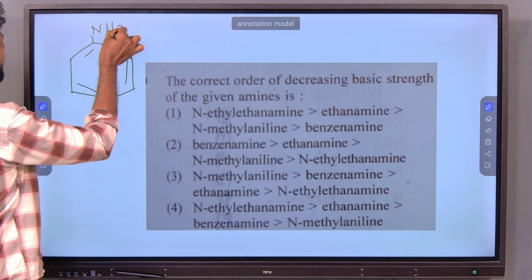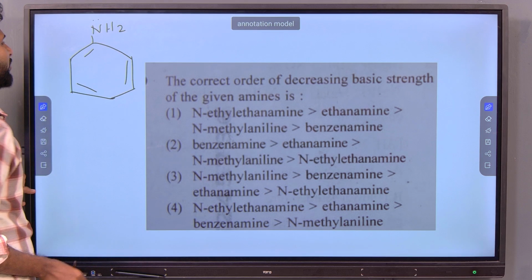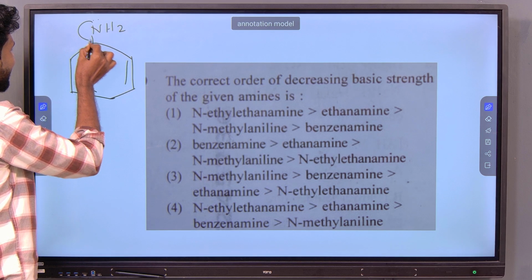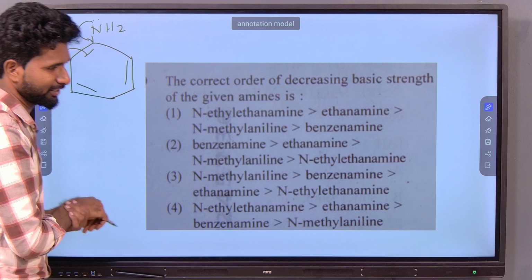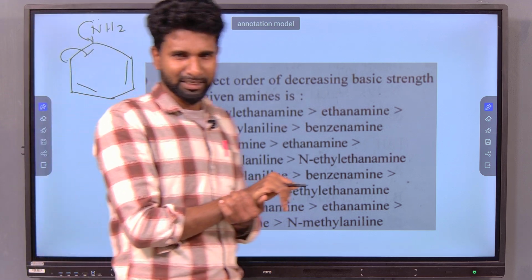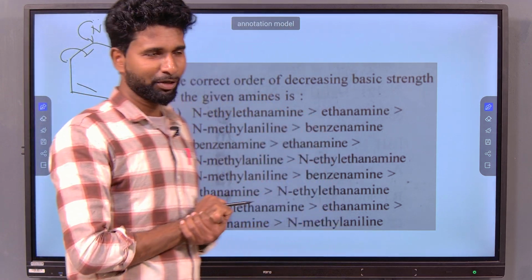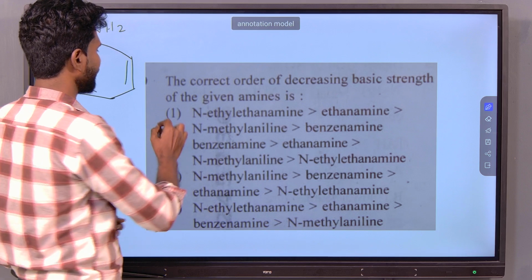The lone pair of electrons is not available for donation because it is involved in resonance structures. So it is less basic compared to aliphatic amine. So the first option is correct.